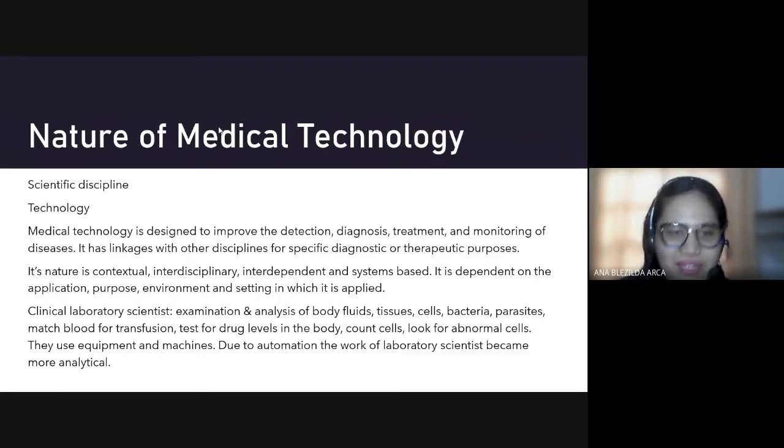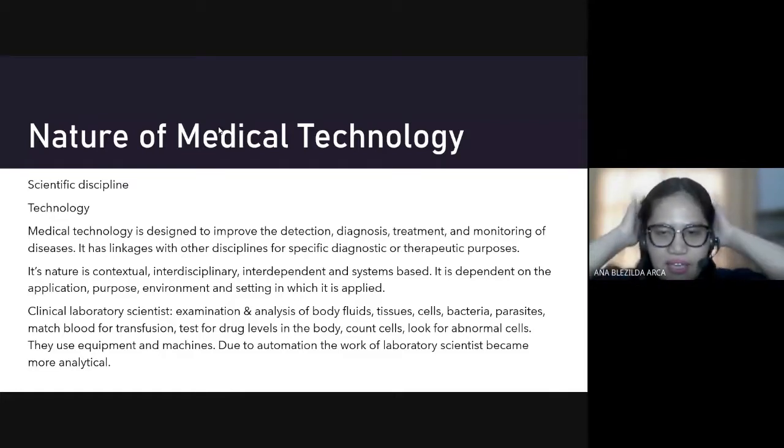Dapat lahat mayroong basis, right? Okay. So that is the purpose of your profession. You help the doctor to decide what is the best treatment course for the patient. And of course, to monitor the disease. In nature, it's contextual, interdisciplinary, interdependent, and system-based. It is dependent on the application purpose, environment, and setting in which it is applied.